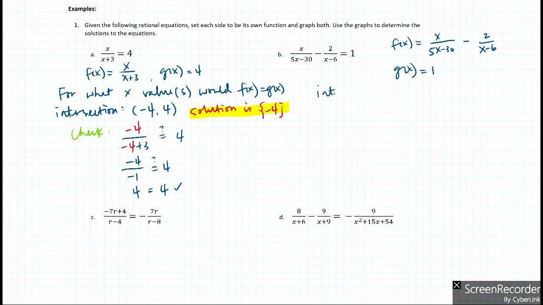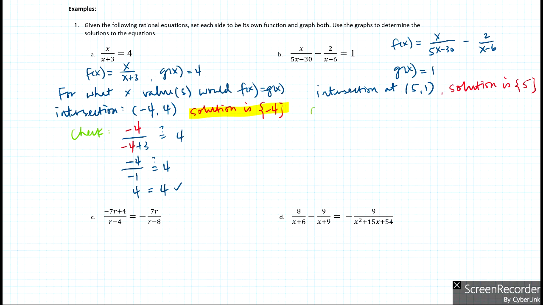So to answer the question, we can say the solution is 5. When we're solving, it's implied that we're solving for x, because x is a variable in the original problem.